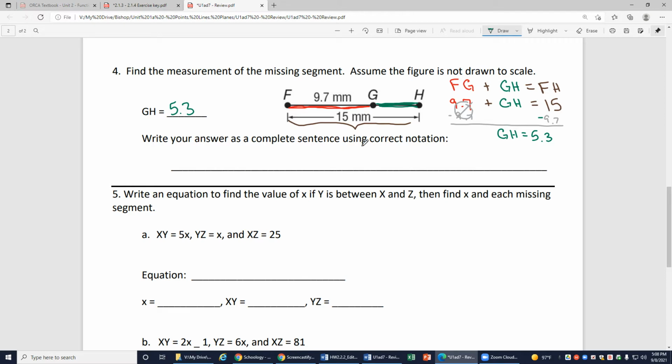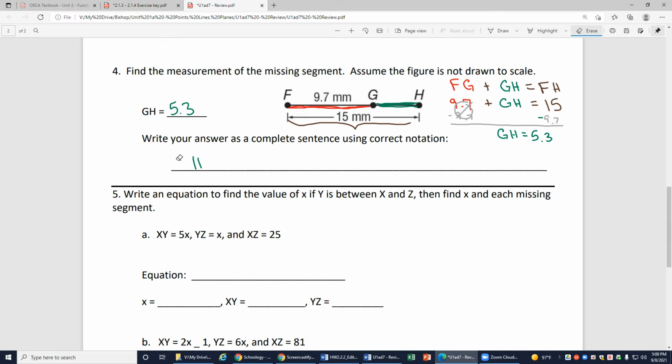Okay, write your answers as a complete sentence using correct notation. So if we're trying to find the missing measurement, let's make it a complete sentence.